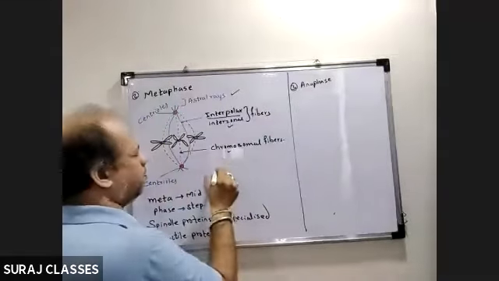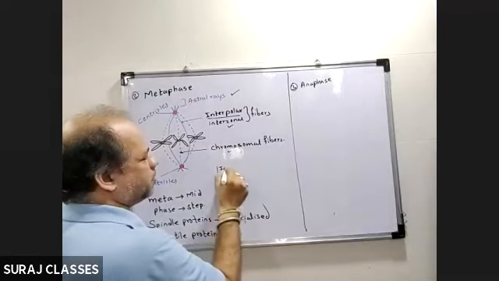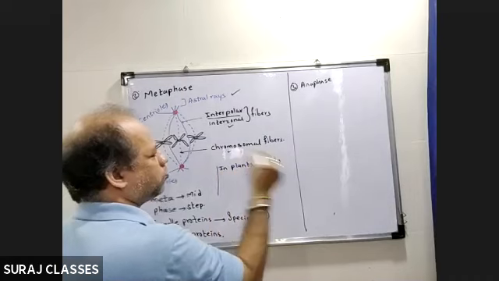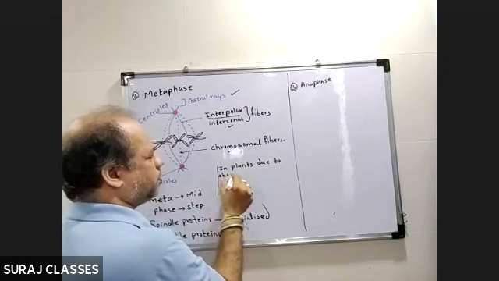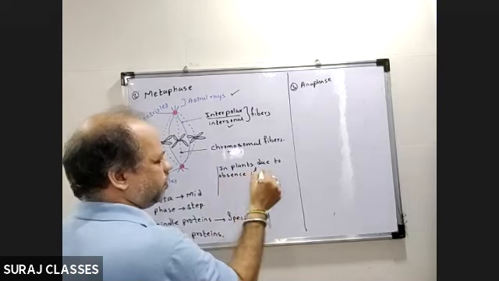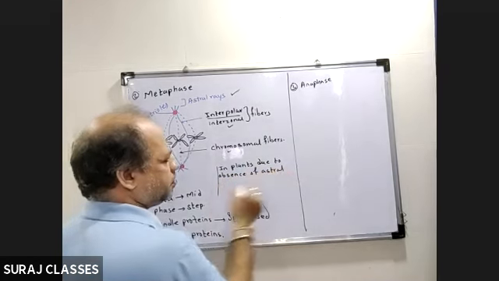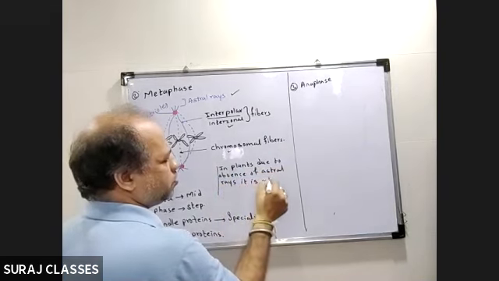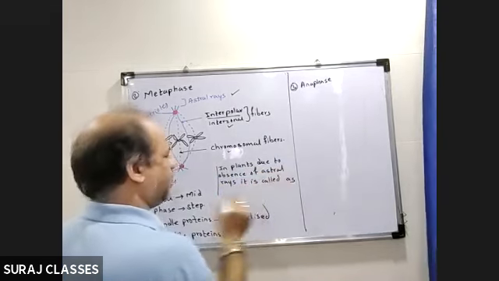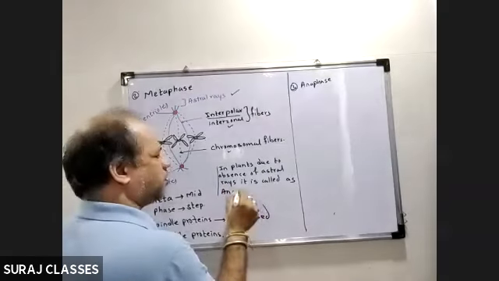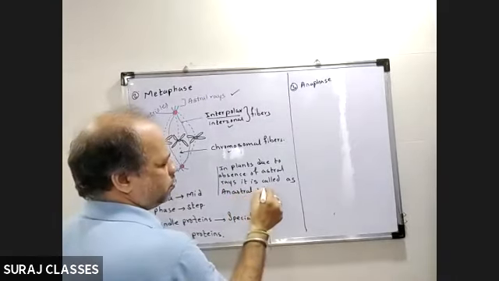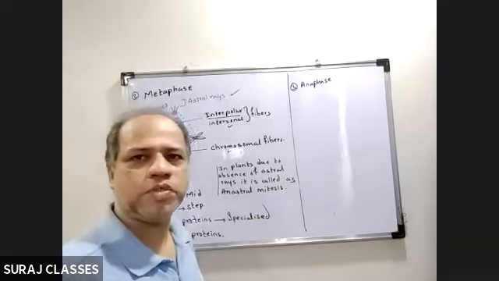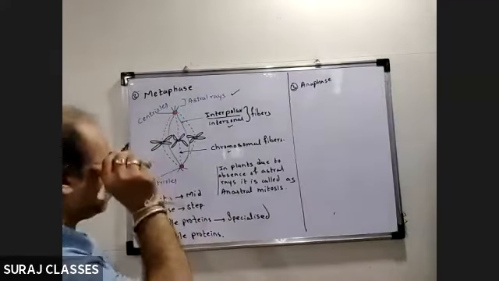So in plants, due to the absence of astral rays, it is called anastral mitosis. Which mitosis is it called? Anastral mitosis. This happens in plants. Okay. Now look at the diagram which I am drawing.